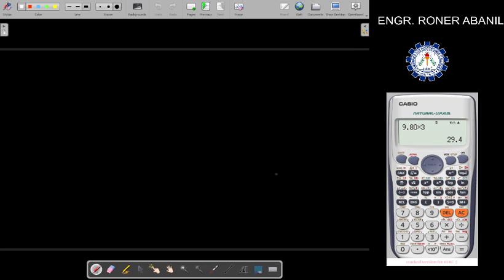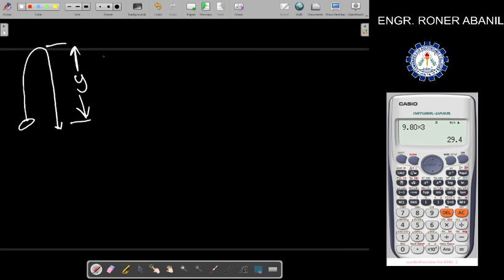So, analyze muna natin, no? Meron daw coin na tinos pataas. Tapos bumaba ulit. Ito yung hinahanap. Sabihin natin y. No?